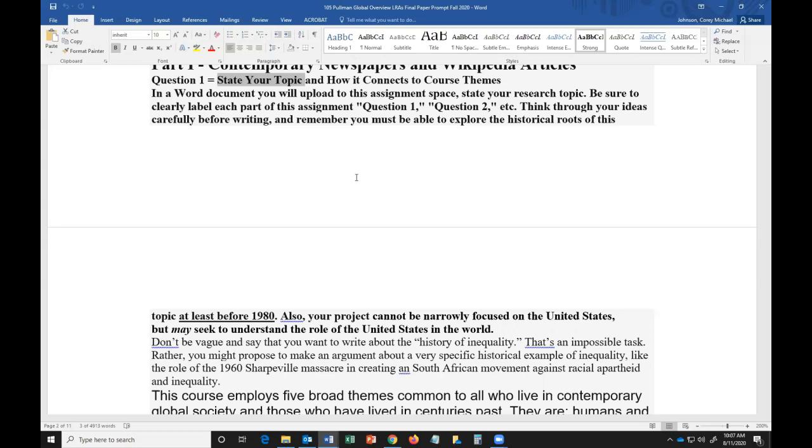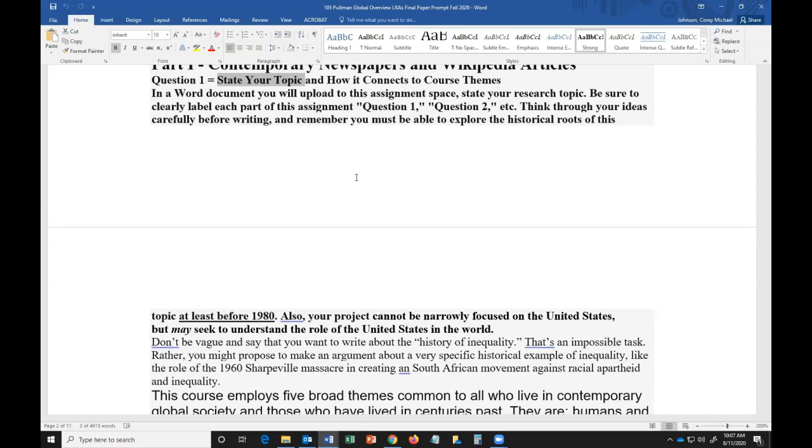So the last thing beyond the historical connections is that your writing, for most instructors anyway, needs to be international in scope. So it can involve the United States, but it needs to be largely about things outside of the United States.